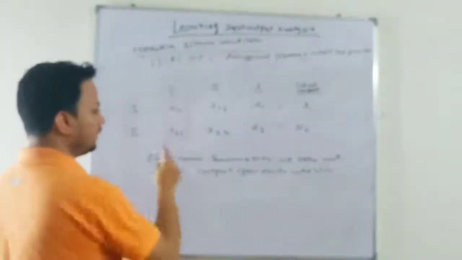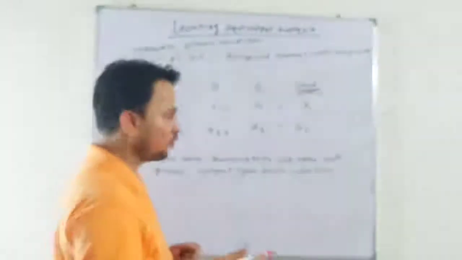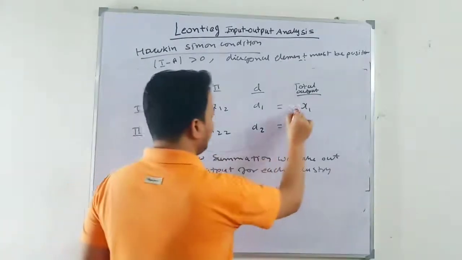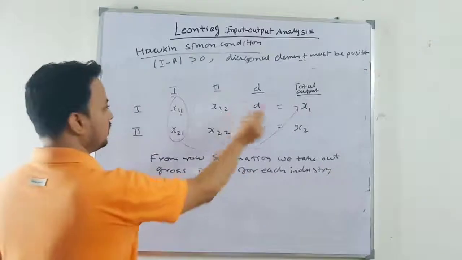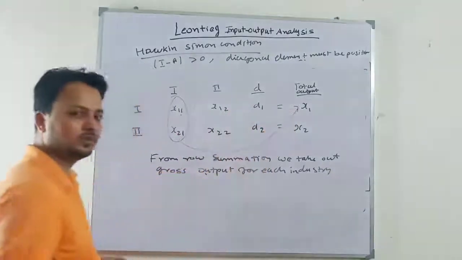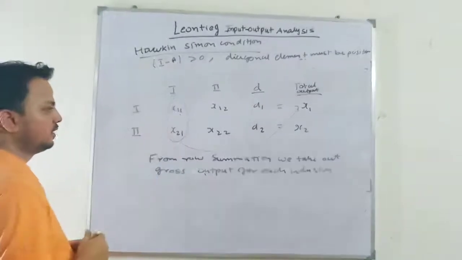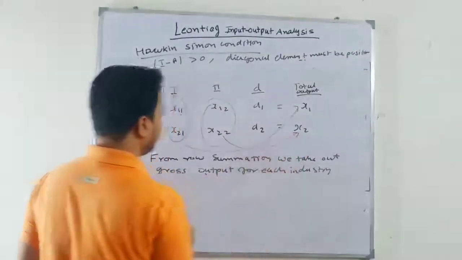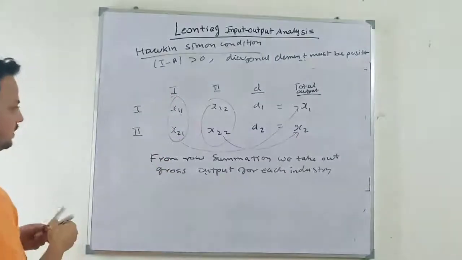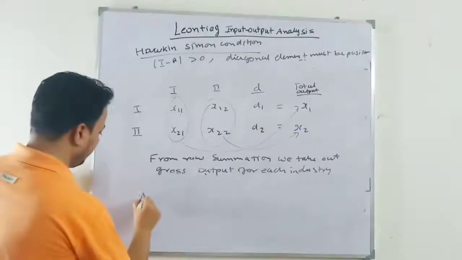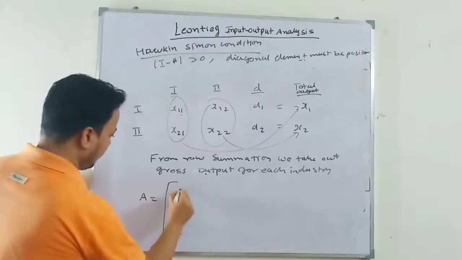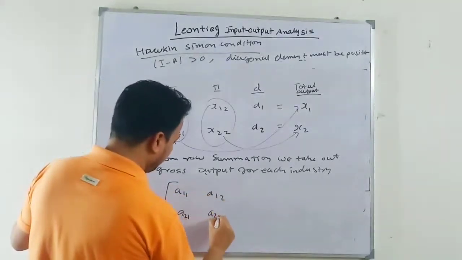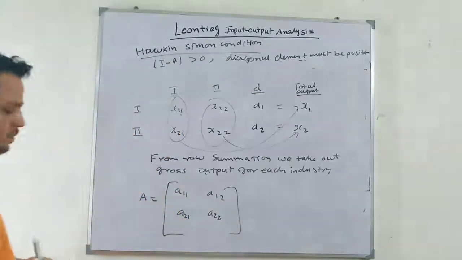If I want to construct the input-output matrix, I need to convert this into per unit terms. So I will divide this by total output, and this by total output. So I am able to construct my input-output matrix, or technology matrix. My technology matrix is A, and it is written A11, A12, A21, A22. This is my technology matrix.